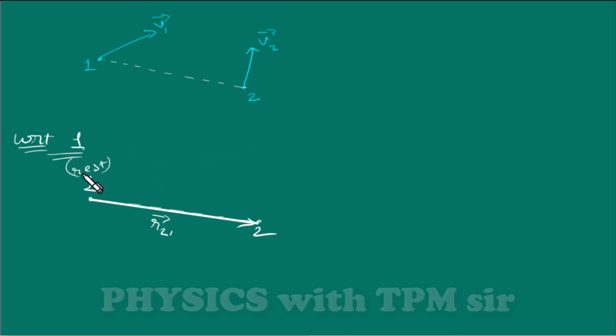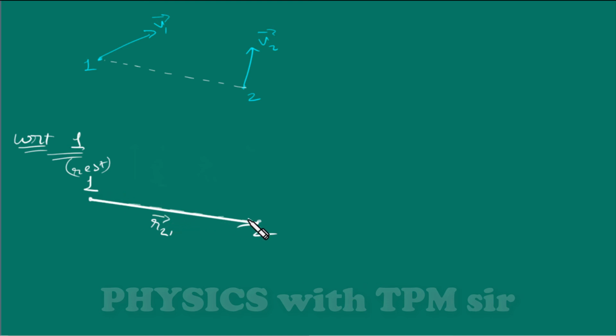But with respect to 1, if 1 is the observer, then 1 would find itself at rest only. So if particles 2 and 1 are to collide, then the only possible way is that particle 2 should be moving towards 1 as seen by 1.